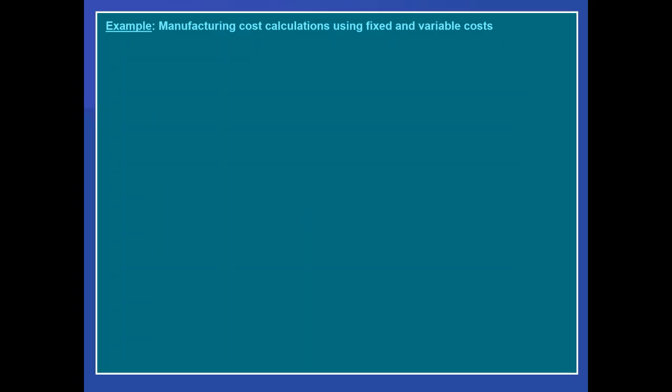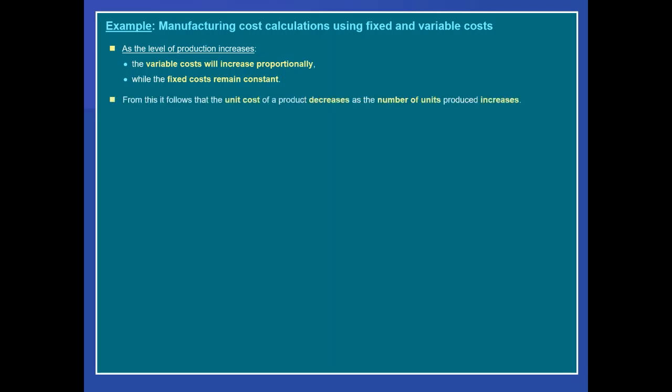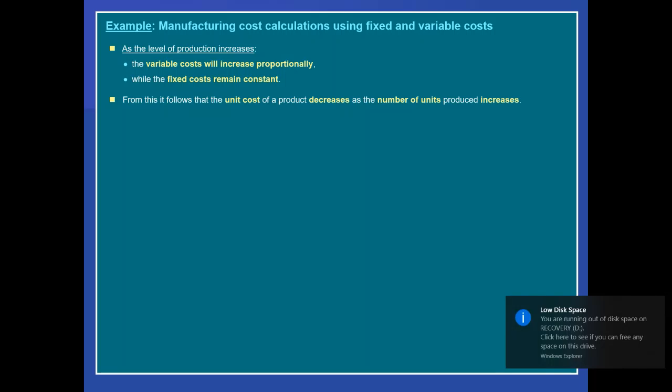Okay, so let's work through an example to illustrate this. As the level of production increases, we know the variable cost will increase proportionally while the fixed cost remains constant. From this it follows that the unit cost of a product decreases as the number of units produced increases.